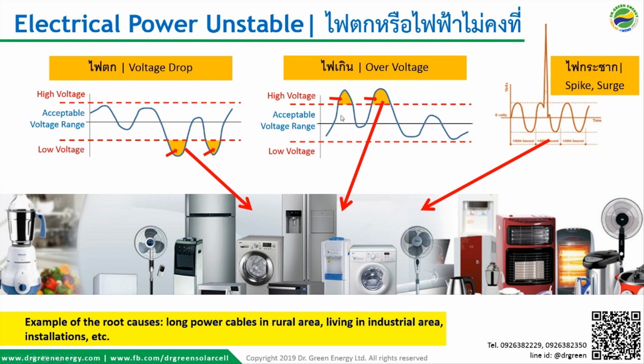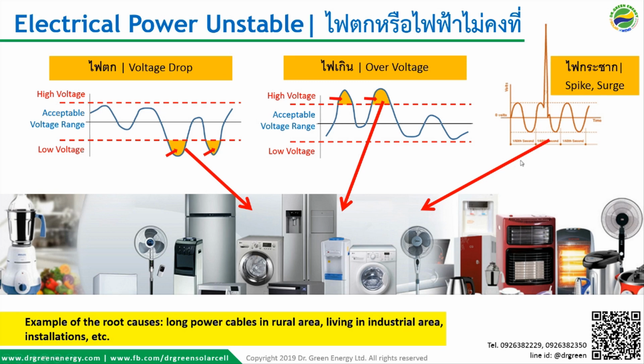But if the voltage is over that, it will also cause the appliances to work abnormally, or sometimes can harm your electrical appliances. So it can cause faults, or sometimes you need to send these appliances to the service center.